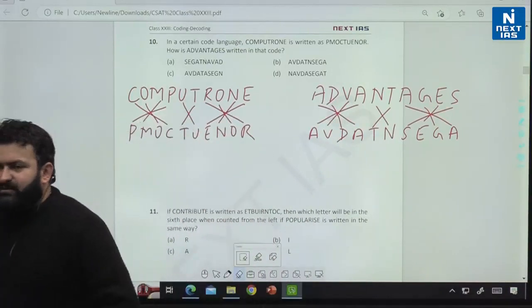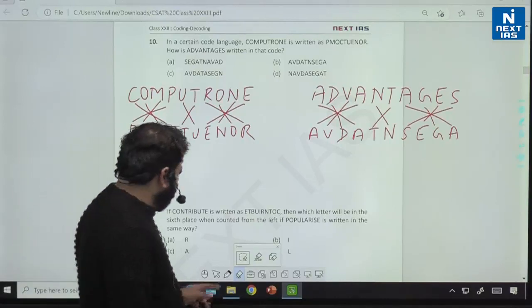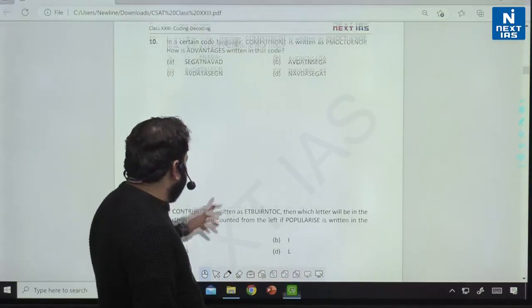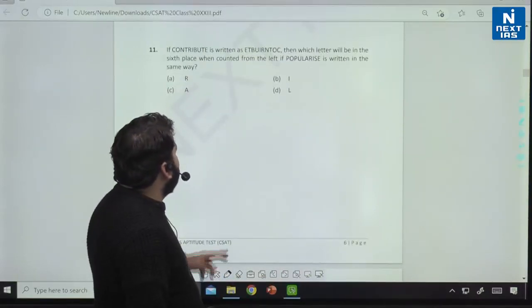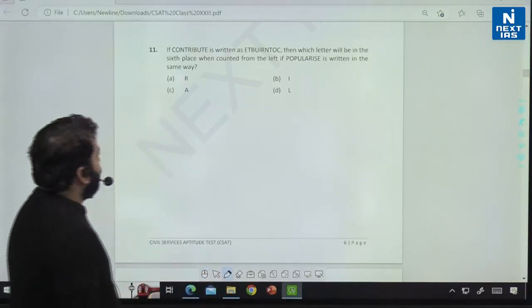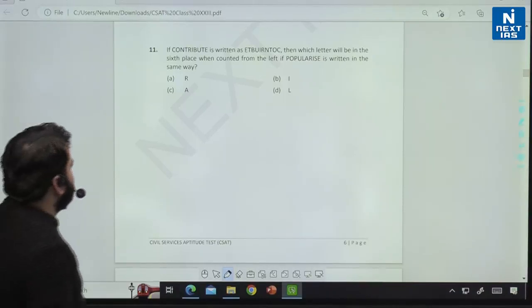Question number 11, all of you, what is the answer? If contribute is written as ETBUIRNTOC, then which letter will be at the sixth place when counted from left if popularize is written in the same way?